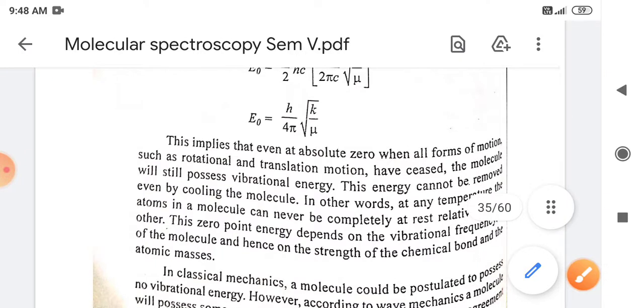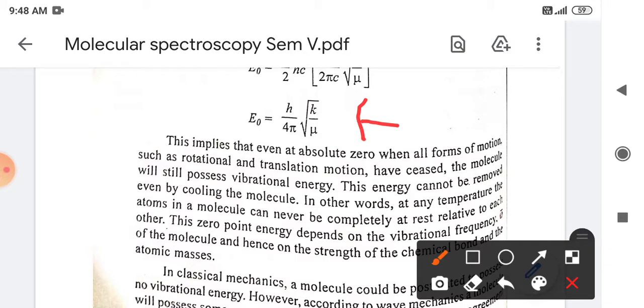So even if we cool down the temperature to 0 Kelvin, at that temperature we would expect that all the motions of the molecule should have ceased, but in actual practice we expect some vibrational motion in the molecule even at absolute 0 Kelvin. Mathematically we can say that this absolute zero energy can be obtained by h upon 4 pi into under root of k by mu.